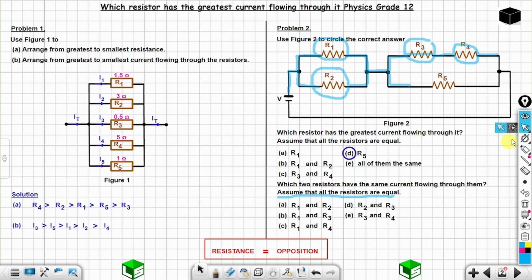So which two resistors have the same current flowing through them? R1 and R2. You also have R3 and R4. So this is how you can answer this question. Okay, we are done.